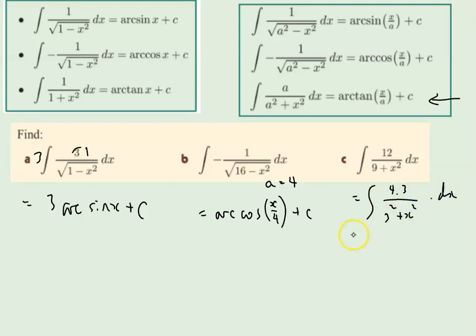As for the first question, that's a multiple of 4. I can bring it out the front, and I've just got my 3 on 3 squared plus x squared, integrate with respect to x. So now using this pattern here, I'll have an answer of 4, and then the arc tan of x divided by a, which is x divided by 3, plus our constant of c.